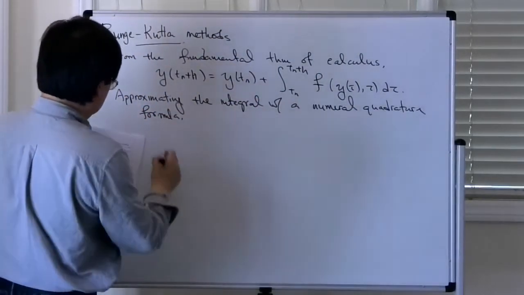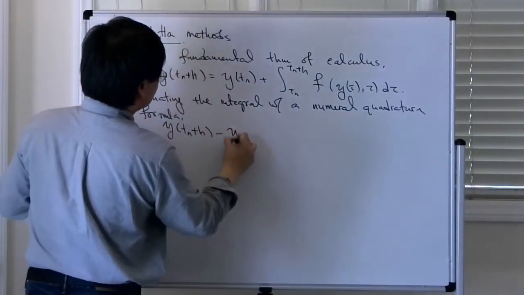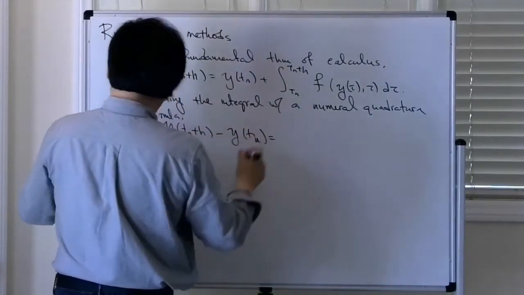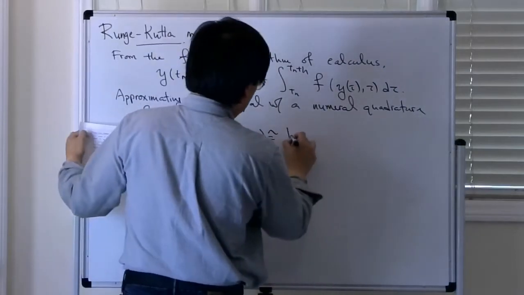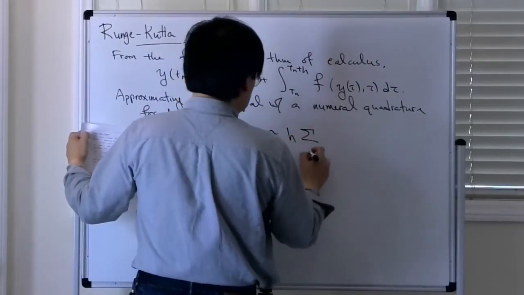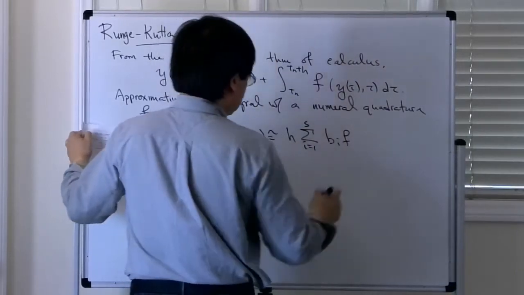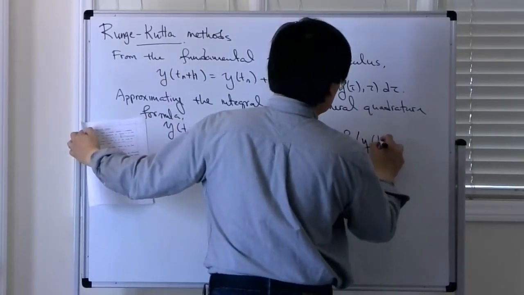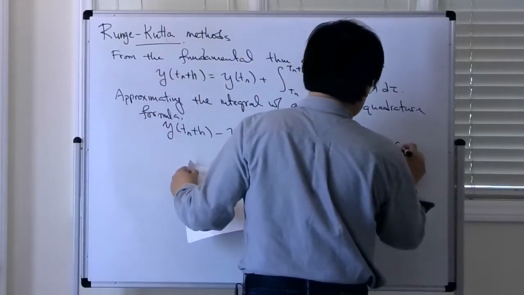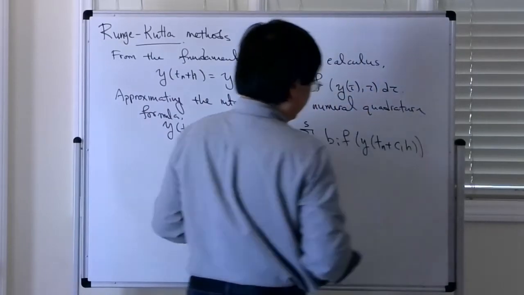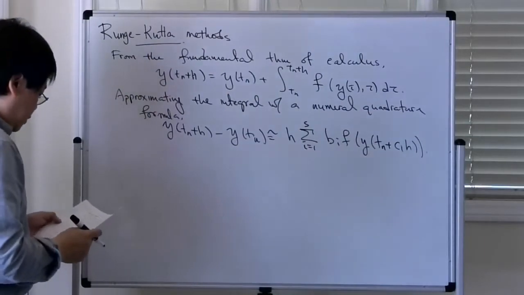What you get is that the solution at the new time minus the solution at the old time can be approximated by some quadrature approximation. Here I'm going to drop the time dependence of the vector field.